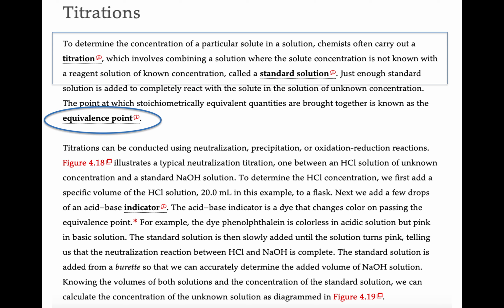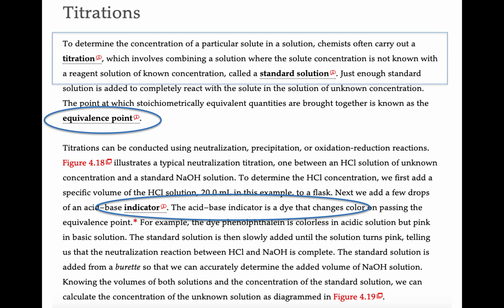The equivalence point, that's when stoichiometrically equivalent quantities are brought together. That just means based on the coefficients in the balanced equation. The balanced equation is telling us how many moles react with moles using the coefficients. That's what it means to reach the equivalence point. When moles of one reactant matches moles of the other based on the coefficients in the balanced chemical equation.